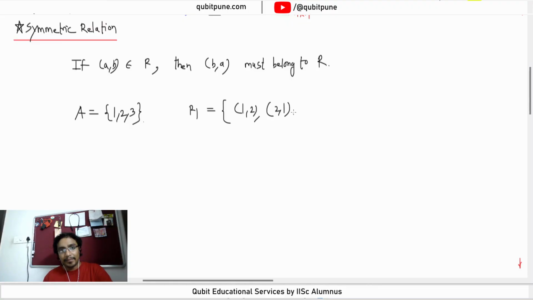That's fine. It is symmetric. Why is it symmetric? Because (1, 2) and (2, 1) both belong to that. Okay. Go to R2.